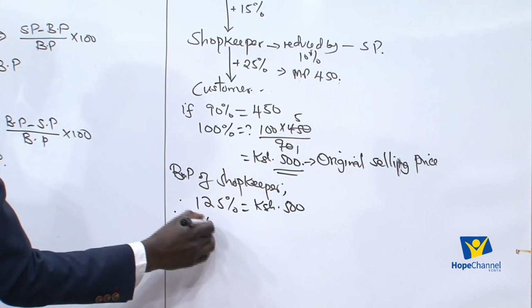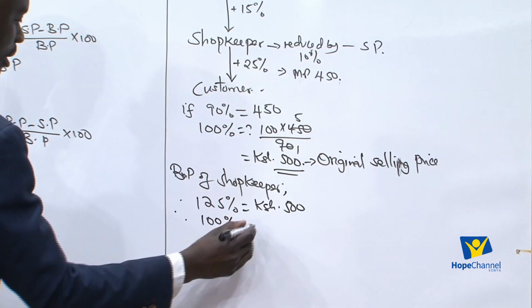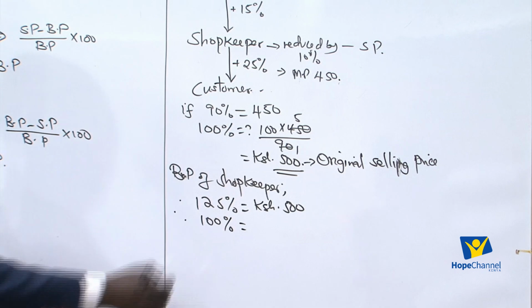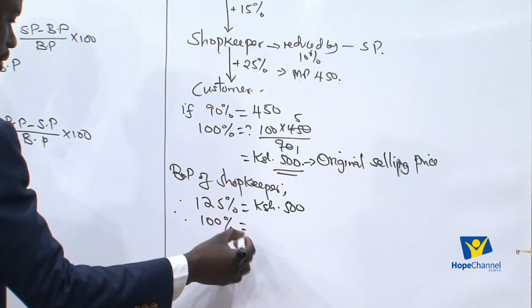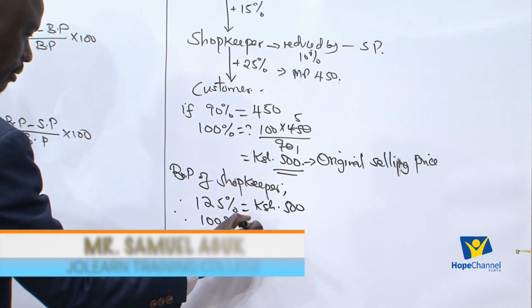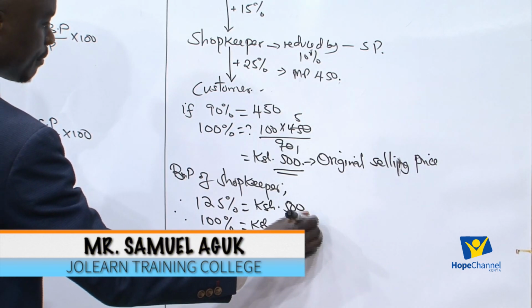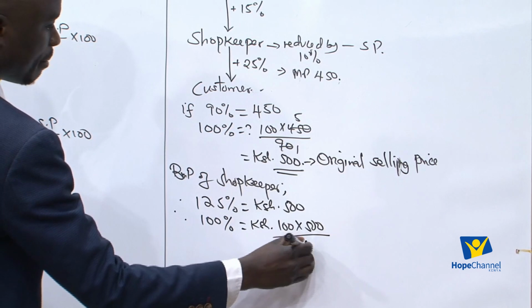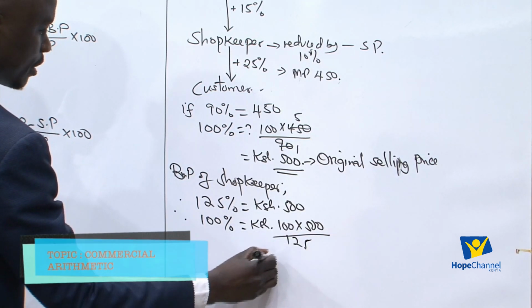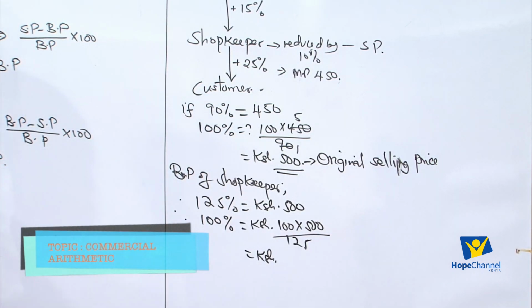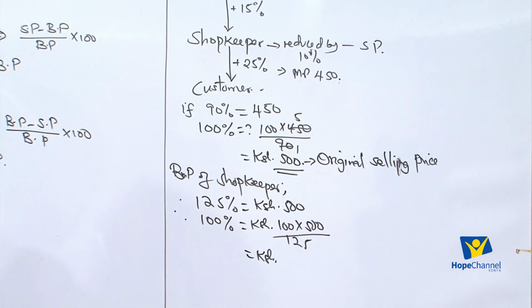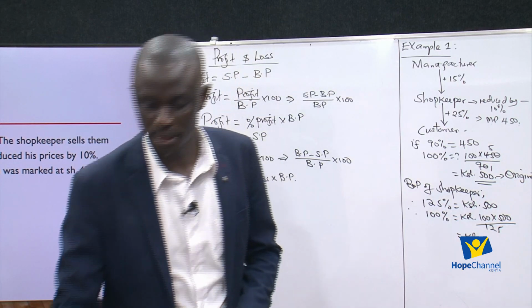Therefore, what about his buying price, which is always 100%? The buying price, how much he bought it at, is Kenya shillings 100 times 500 divided by 125. This is the price at which the shopkeeper bought this item from the manufacturer.